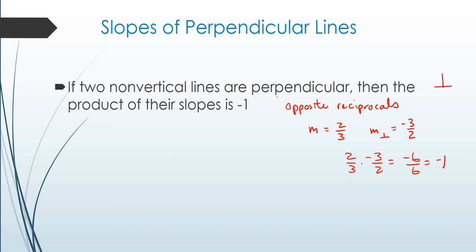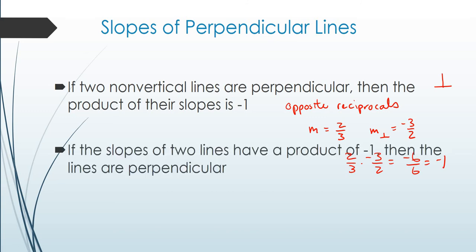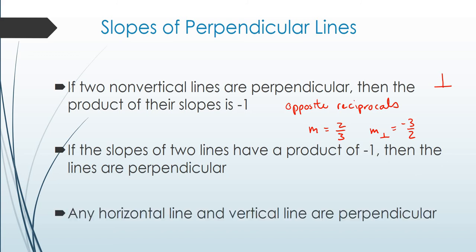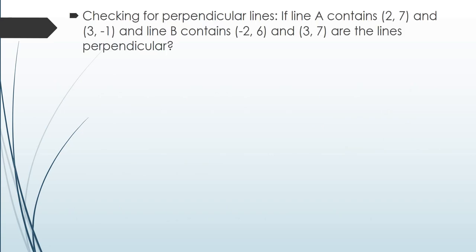So if two non-vertical lines are perpendicular, then the product of their slopes is -1. Here's our converse. If the slopes of two lines have a product of -1, then the lines are perpendicular. And then our statements take care of vertical lines. Any horizontal line and vertical line, one of each, are perpendicular. So write those down.